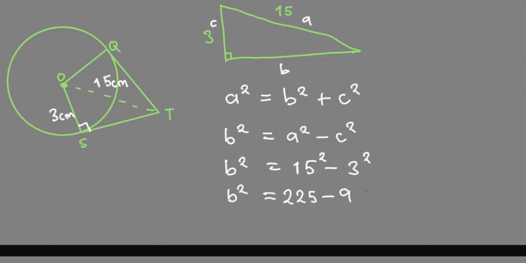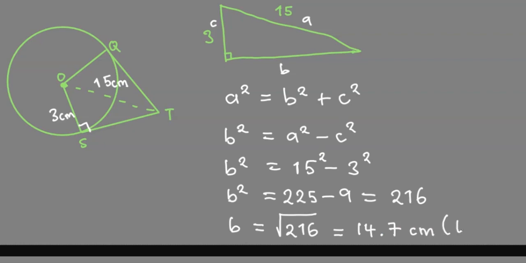If we find the difference here, it should be 216. And then B is equal to the square root of 216. This is going to give us 14.7. Remember, we had centimeters, and I've already rounded off my answer to 3 significant figures.